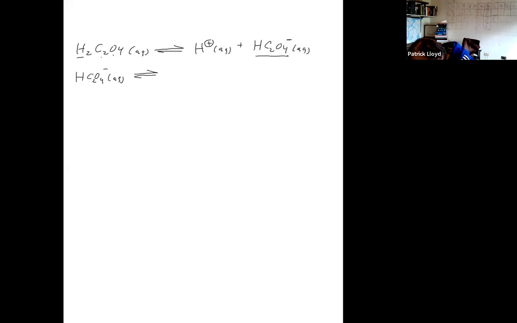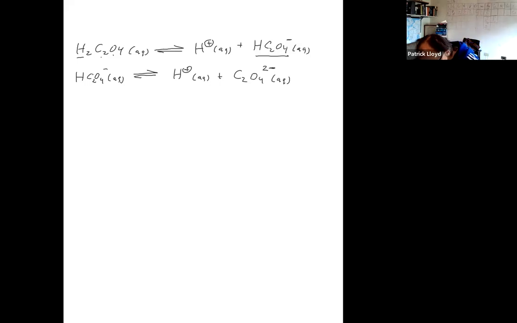So now it forms another H plus, and you get rid of another hydrogen. So now it becomes 2 negative, right? If you lose another H plus, now it becomes minus 2. Every time you lose an H plus, the conjugate base becomes negative by 1 more.